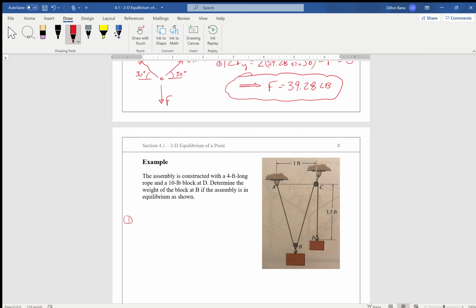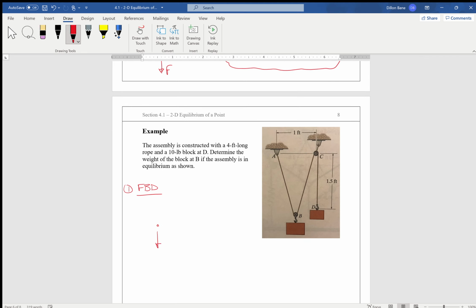Okay, so free body diagram, right here will be point B. We'll have some weight of the block, we'll call it WB, because weight of the block at point B. And then we're going to have forces FBC and FAB.